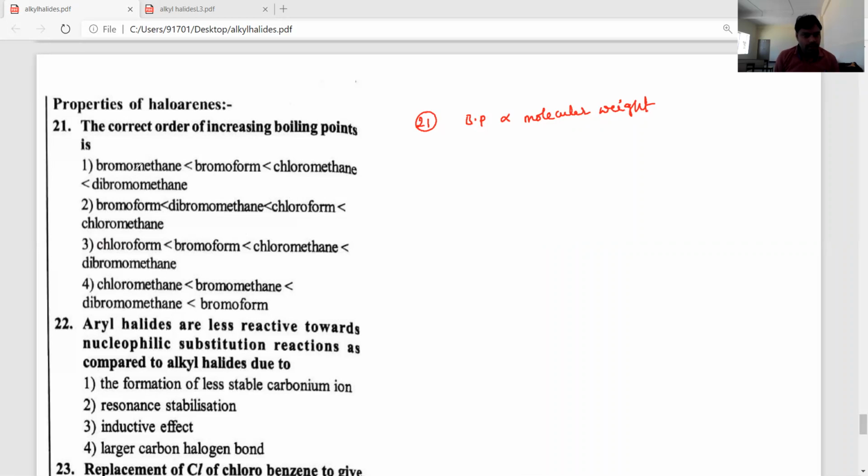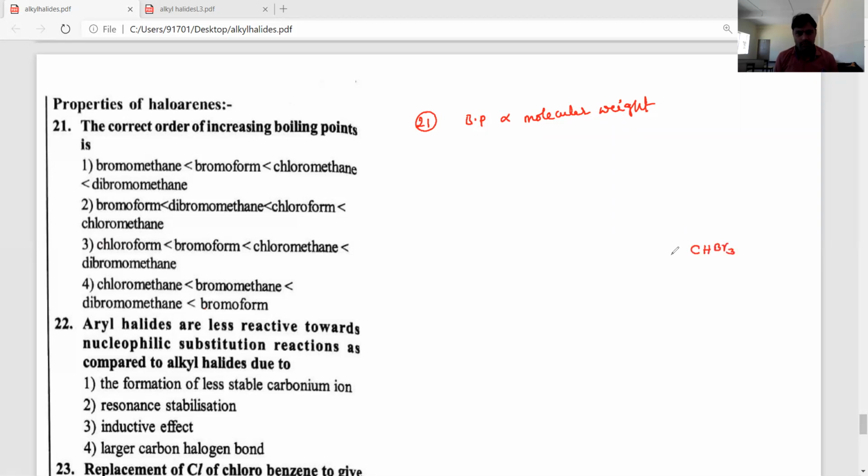Bromoform, bromomethane, chloromethane and dichloromethane are the first option. And bromoform, dibromomethane, chloroform and chloromethane, here it is bromo, fourth option. Let's see bromoform. Bromoform is nothing but CHBr3.